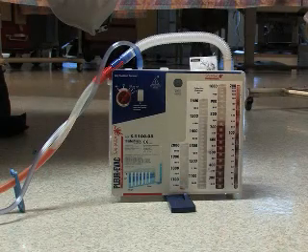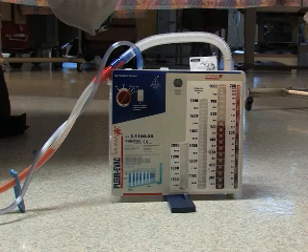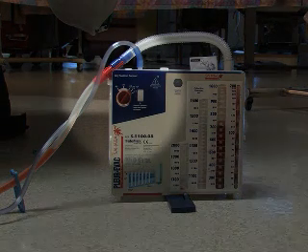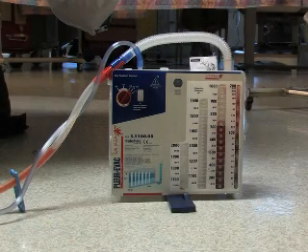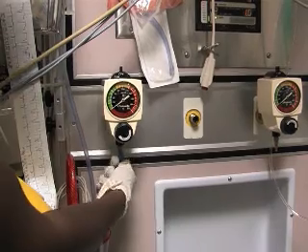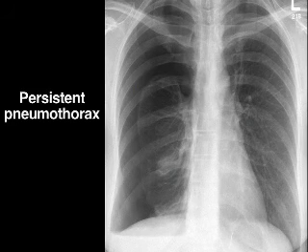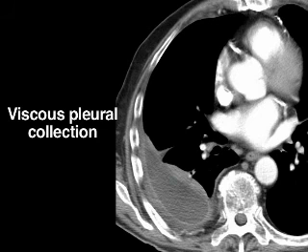The 2 other bottles that may be present in the drainage system are a collection bottle connected directly to the patient for accumulation of pleural fluid and/or debris, and a suction system that connects to wall suction but regulates the amount of suction actually delivered to the pleural space via a column of sterile water. Suction may be applied if there is a persistent pneumothorax despite the underwater seal, or if a viscous pleural collection is not draining effectively.